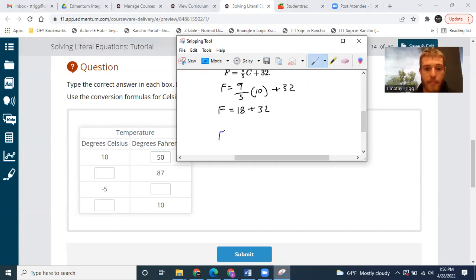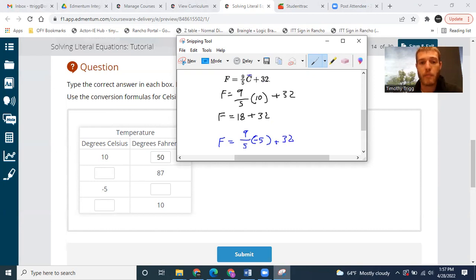F equals 9/5 times C, but again, I'm replacing the C with -5. These are parentheses here. That's not a C, that's parentheses. Plus 32. So you're just rewriting the same formula, except replacing C with whatever they tell you.